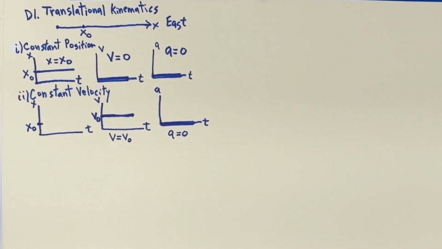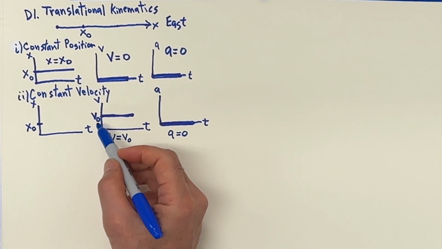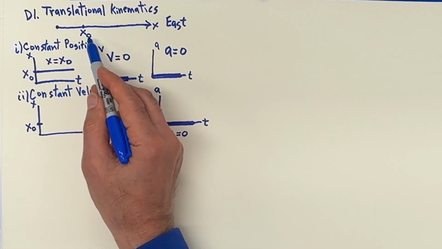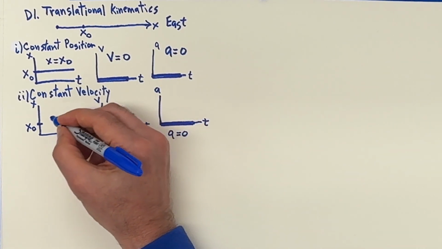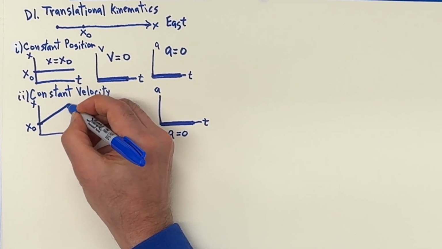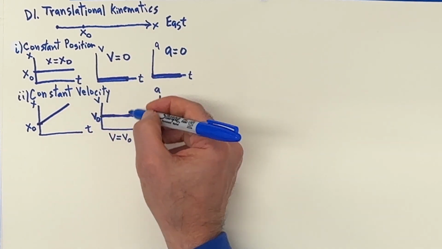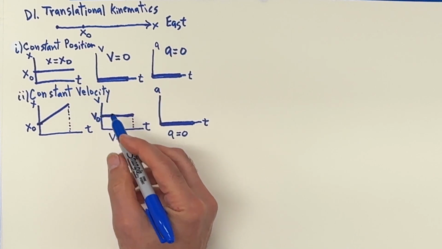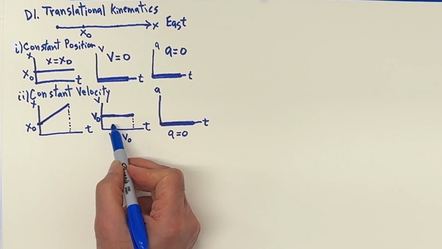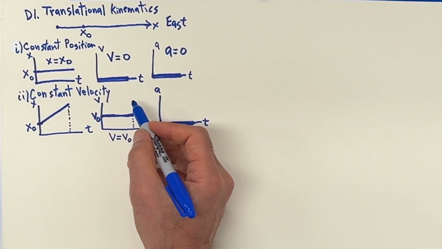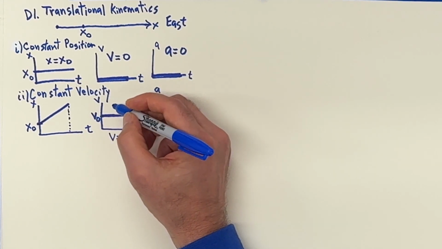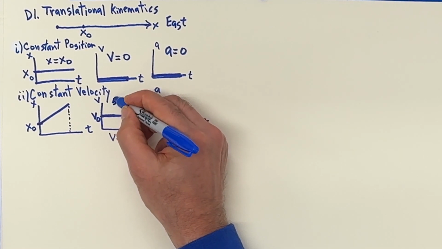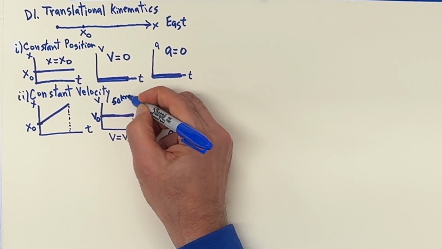But now as we travel, as time goes on, we're going to be increasing our x. The x is going to increase in a linear fashion. And let me show you a neat little trick here. If we look at this rectangle, let's say that the speed here is something like 50 kilometers per hour.